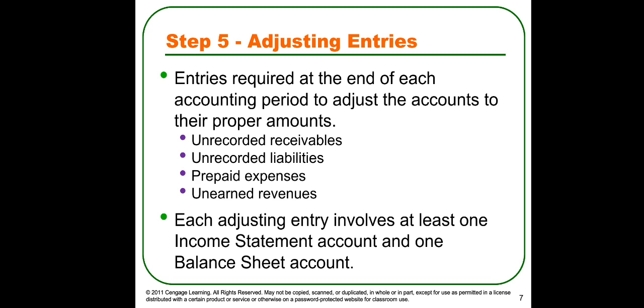And then the second point in this slide, each adjusting entry involves at least one income statement account and one balance sheet account. So income statement accounts, there are 2 accounts related to income statement, revenue and expenses. Income statement is a statement that shows profit or loss for a business.